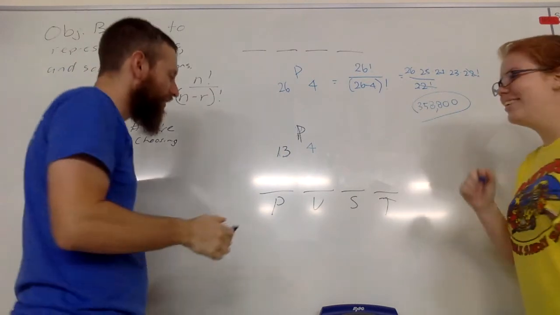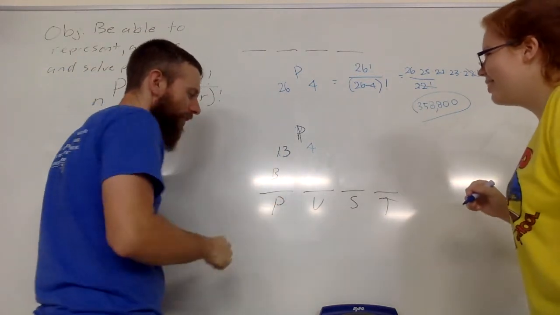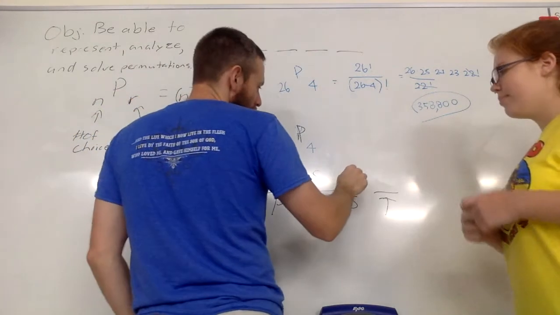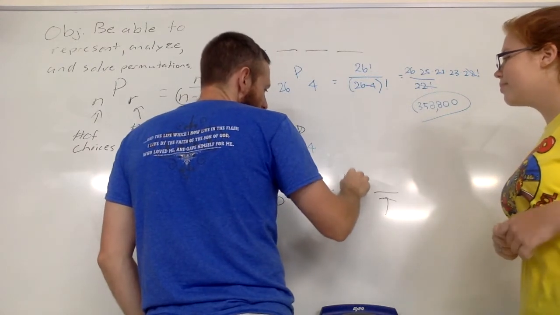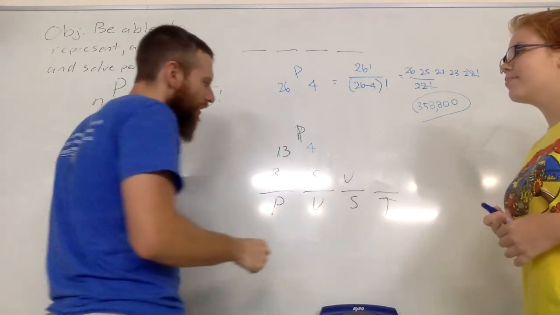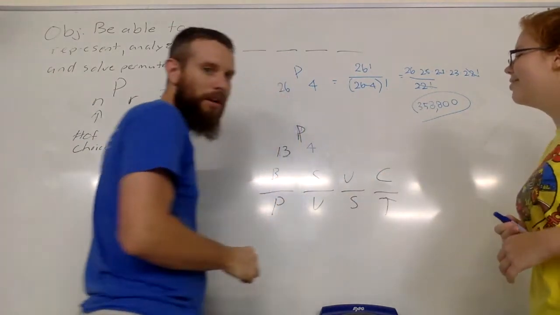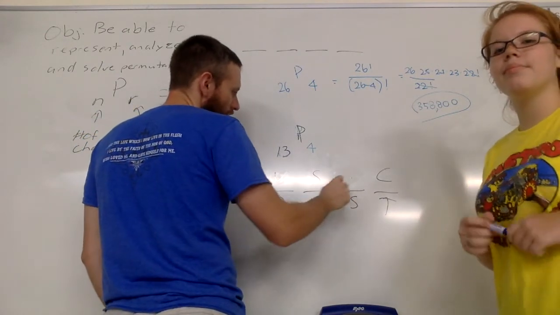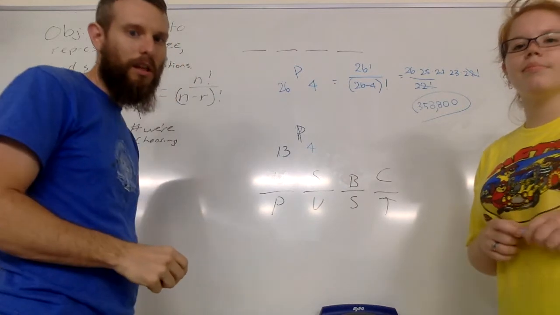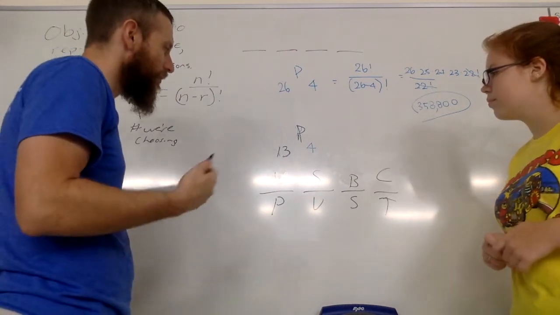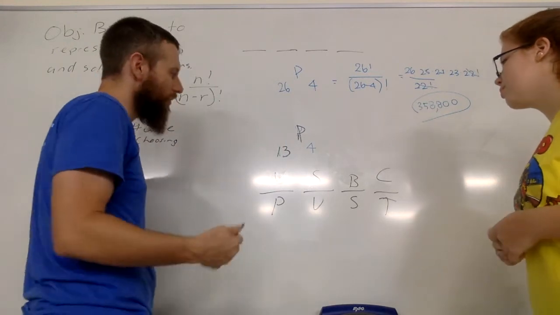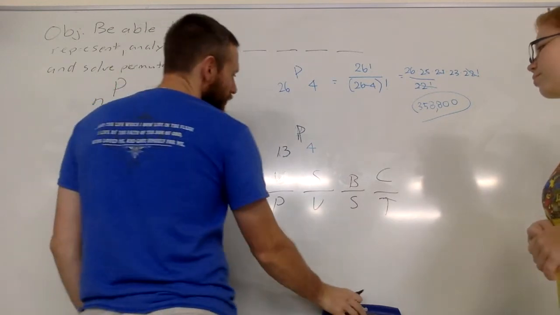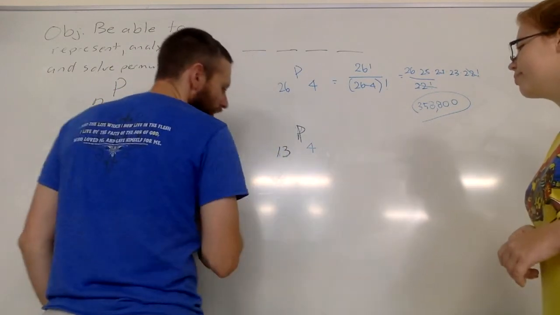Because if, for example, Billy Bob is the president and Susie Q is the vice president, and Victoria is the secretary and Cletus is the treasurer, that is different from Victoria being the president and Billy Bob being the secretary. So we're not just asking what the chances are of 4 people being class officers. The president, vice president, secretary, and treasurer are different positions, and so yes, the order would matter. So we use a permutation.